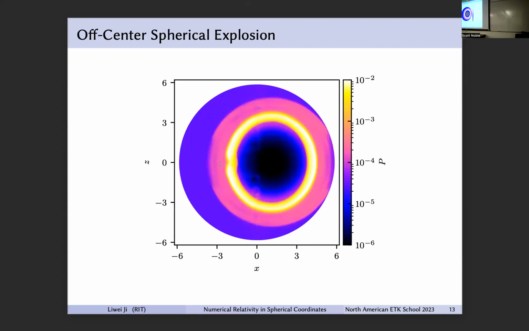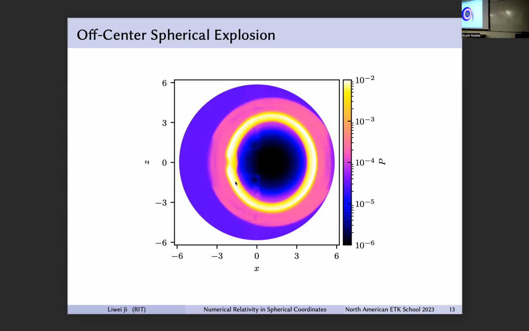Then we tested the GRMHD part of the code. In this case, this is the spherical explosion. Basically, we put an overbalanced region of radius r equals 1, and we put the center of this sphere off center by 1, I guess, and as you can see, it then expands.